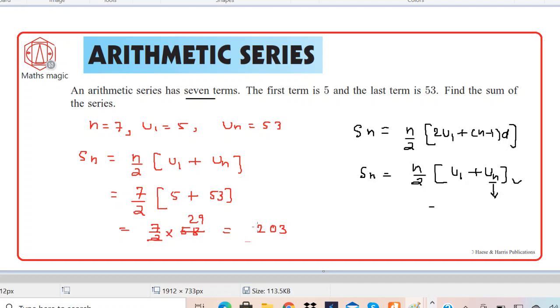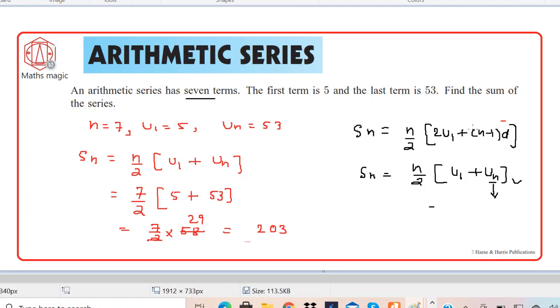Now you will be thinking whether we can use the first formula or not. Obviously we can use the first formula for this, but you can see that the common difference is not given in this question, so we need to figure out the common difference, then we can use the first formula also.